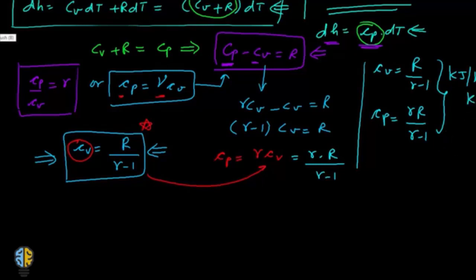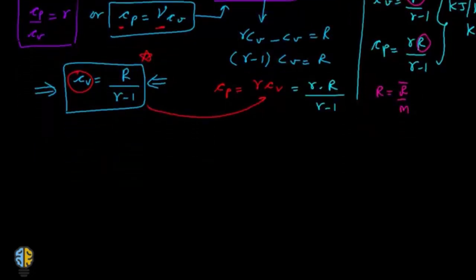Now R here is the characteristic gas constant. We know that the characteristic gas constant is equal to the universal gas constant upon capital M. Similarly, I can have a few more mathematical relations.